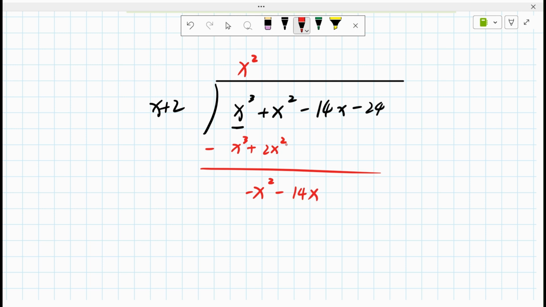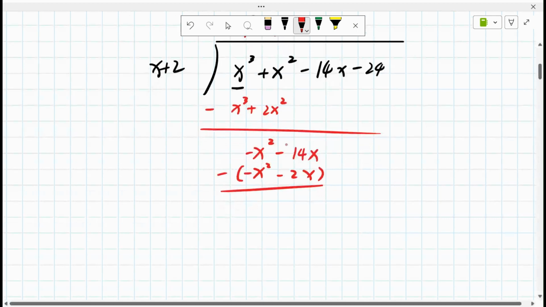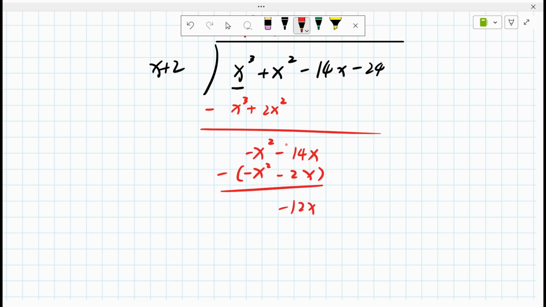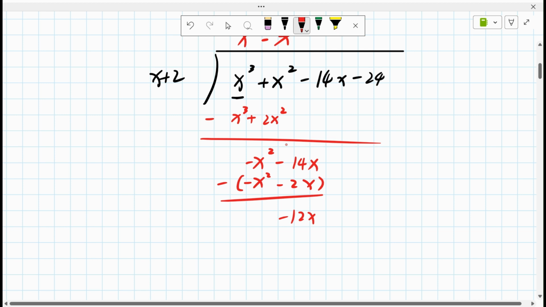Now, some term times x plus 2 equals minus x squared. Because that's a negative, we use minus x, because minus x times x equals minus x squared, and minus 2x. Remember, you have a minus in front, that's why you get a bracket. Minus 14 plus 2x is minus 12x, and the x squared terms cancel out, leaving minus 12x minus 24.